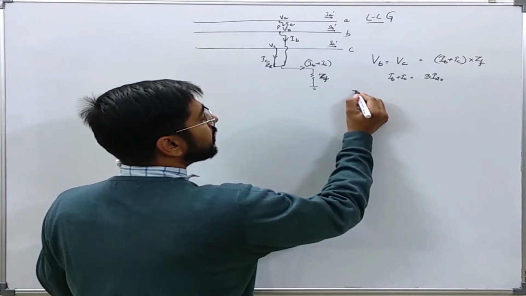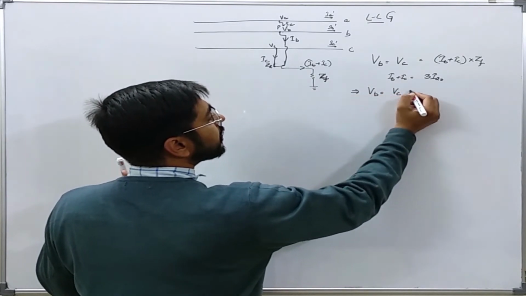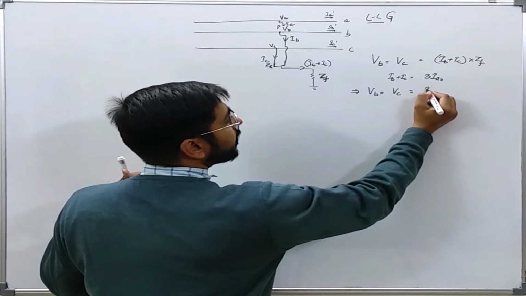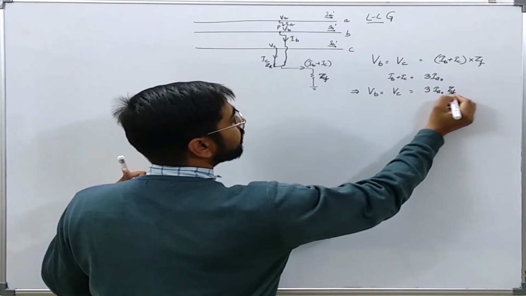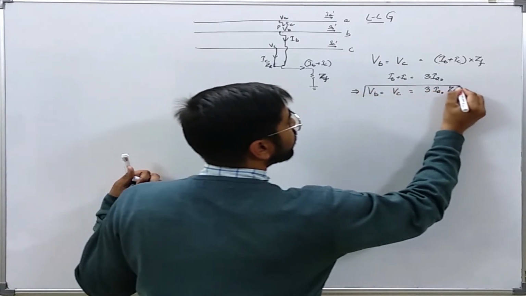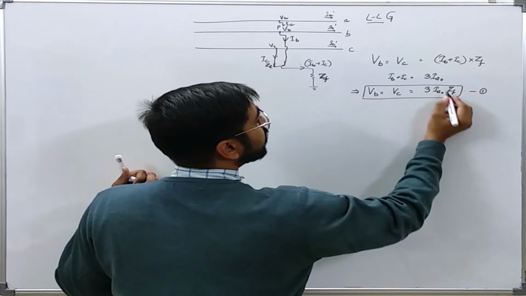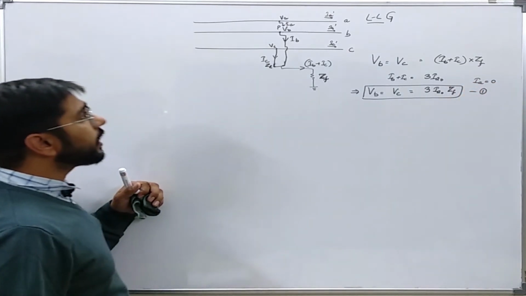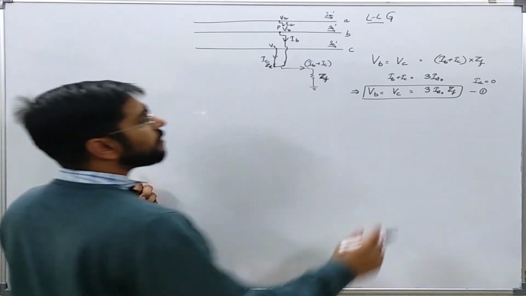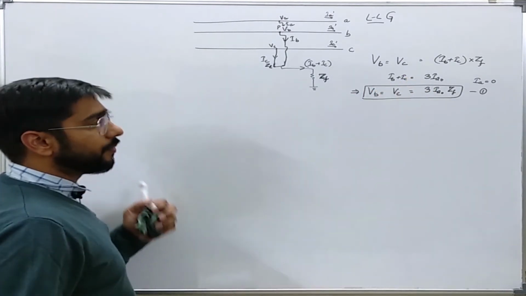So we can see that VB is equal to VC is equal to 3 times IA0 ZF. Let us say this is equation 1. IA is equal to 0 is one of the equations we have. Okay, and IB plus IC is equal to 3 IA0 is another equation which we have.